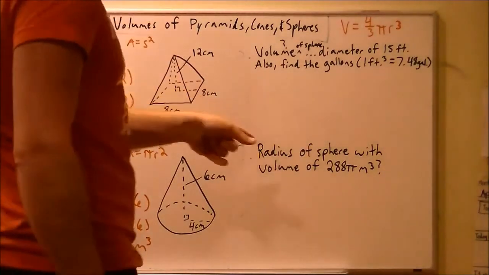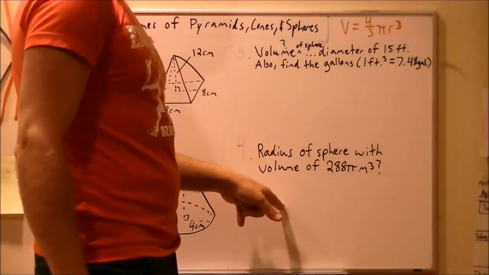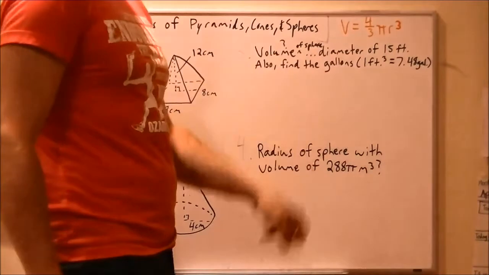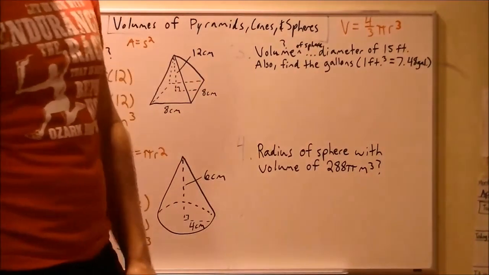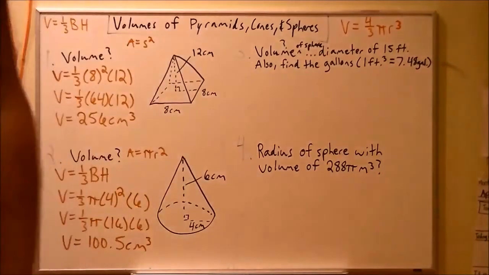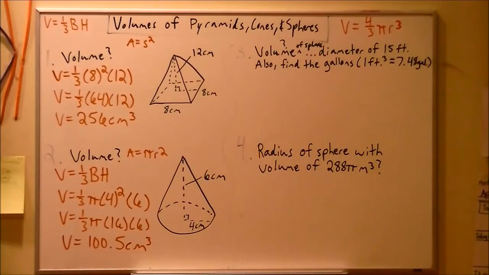Before we do numbers 3 and 4, both of which will deal with spheres, I need to give you this important formula. The volume of a sphere equals, instead of the fraction 1/3, 4/3, or 1 1/3, or 1.3 repeating if you like decimals or mixed numbers.